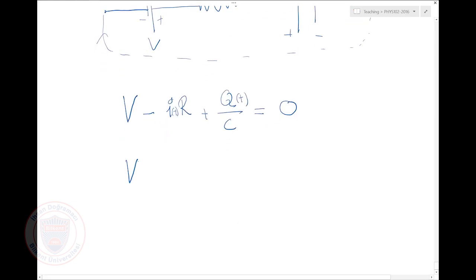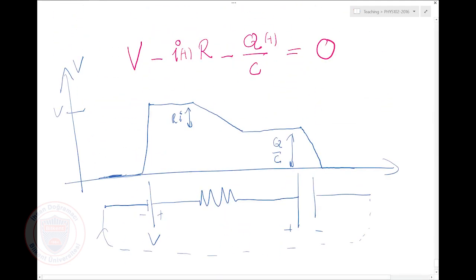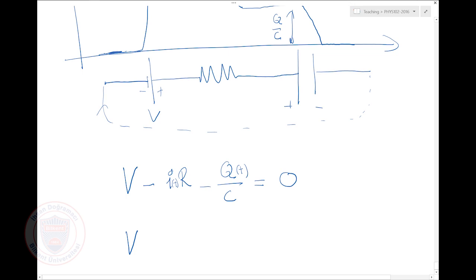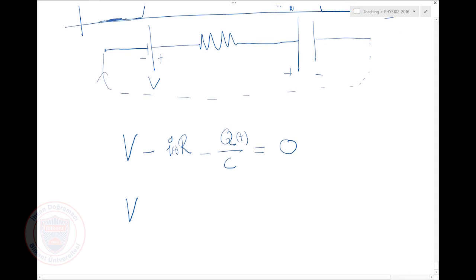By the way, you should warn me, I should put a minus sign. V minus R times dq dt minus 1 over C times Q of t is going to be 0.